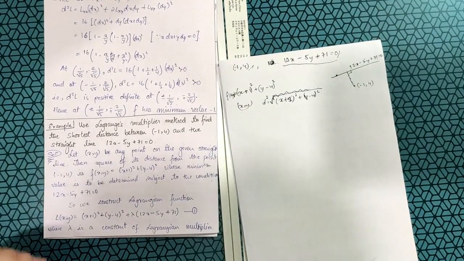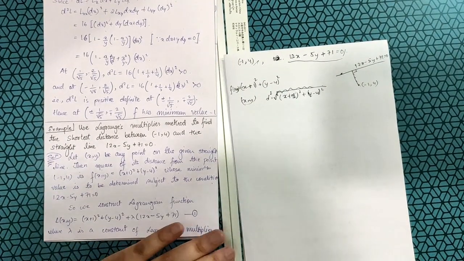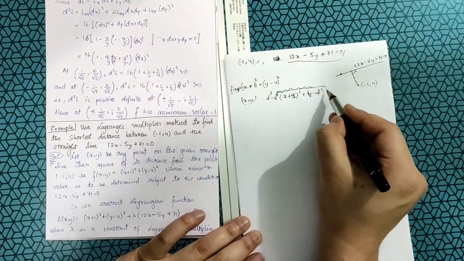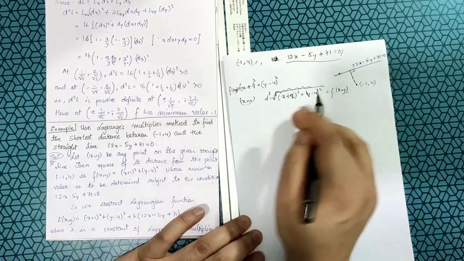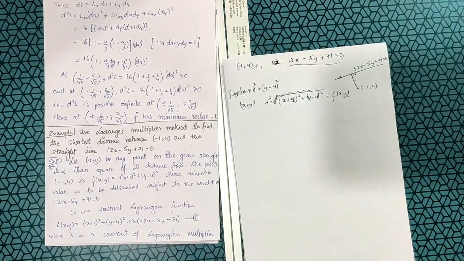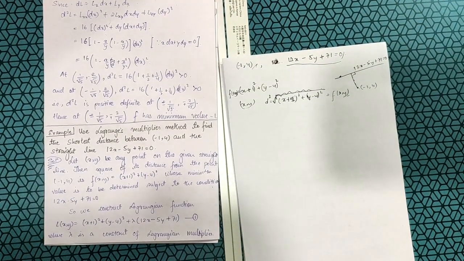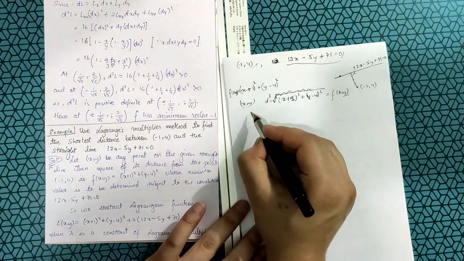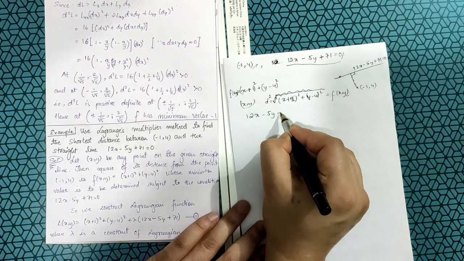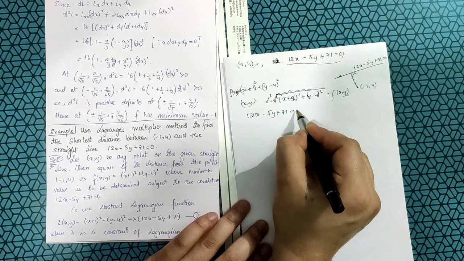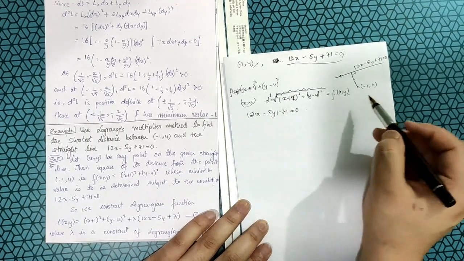So we do that thing. Let us define this to be f of x, y. So this is the square of the distance and we define it by f of x, y. And the condition to which it is subjected is the line, so this is the function.